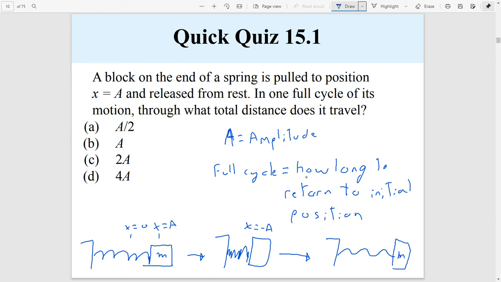And at this point, we will have completed one cycle. So in this time, we've gone from a position at x equal to A all the way to -A, and then from -A to A. So we made 2 trips through, which means that the total distance would be 4A.